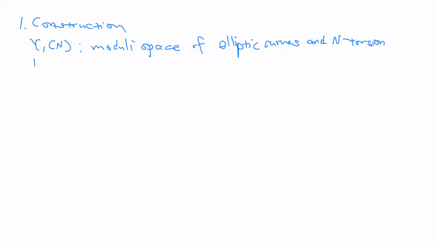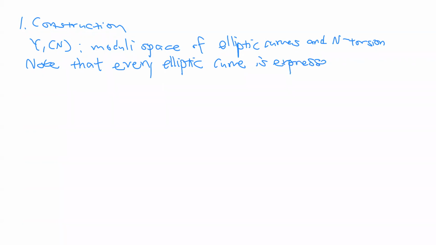But one way to describe all elliptic curves is that we know that every elliptic curve has a model, by change of variables or something, what's called Tate normal form.